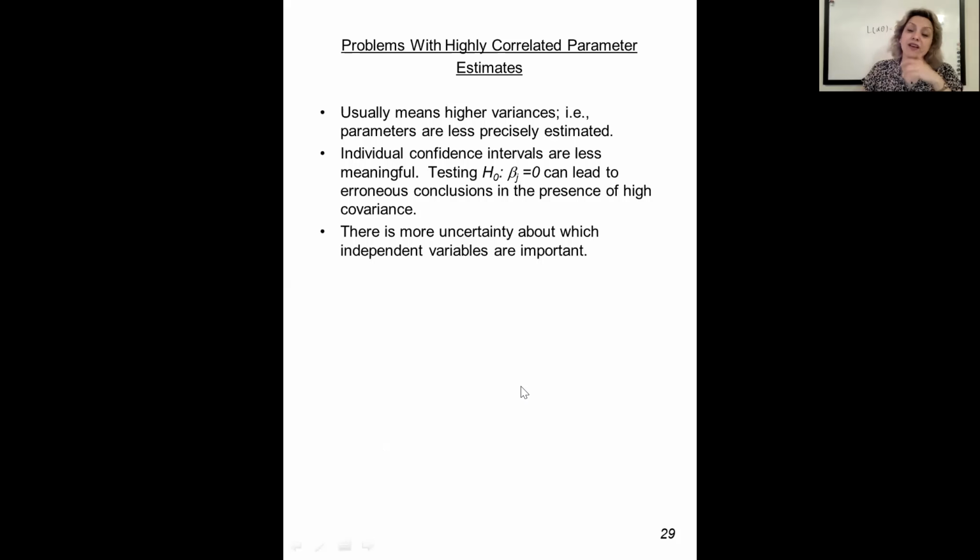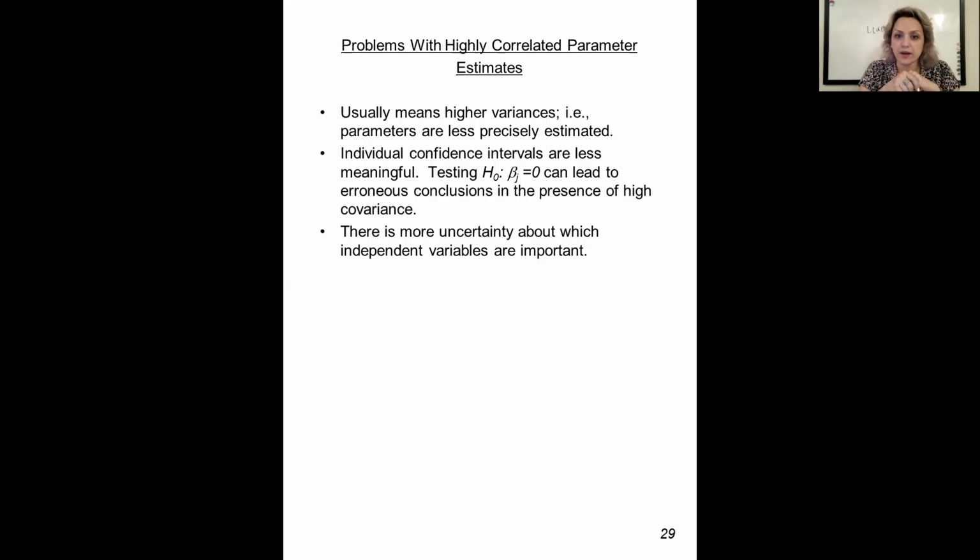And then we have problems with highly correlated parameter estimates as well. It usually means higher variance when the parameters are highly correlated. We are hoping not to have higher variance because variance represents error, right?